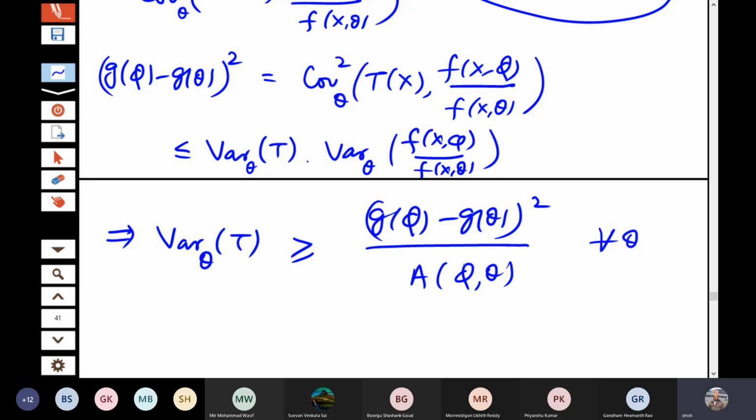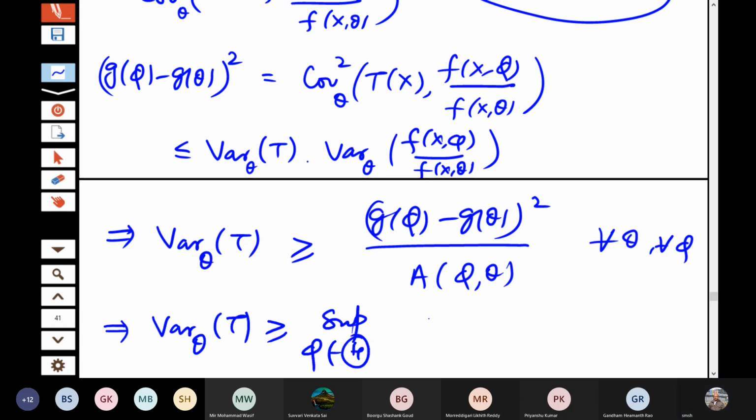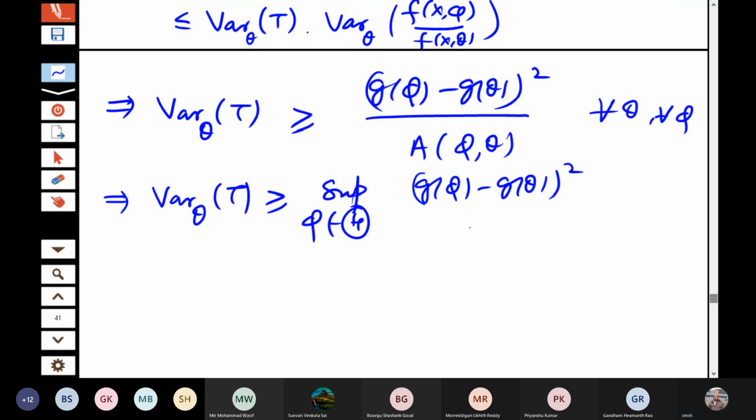So I can take the supremum on the right side. Okay. So this implies the variance of T is greater than or equal to the supremum over phi of (g(phi) minus g(theta)) whole square divided by A(phi, theta).